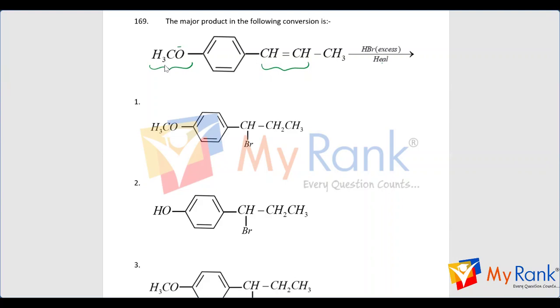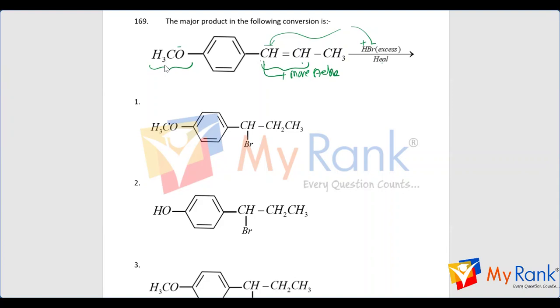And the next one, HBr addition according to the Markovnikov rule. The negative reagent is added to the carbon which has fewer hydrogens, but both have fewer hydrogens only. But the benzylic carbon is more stable, as the benzylic carbon is more stable. Br minus attacks on this carbon.